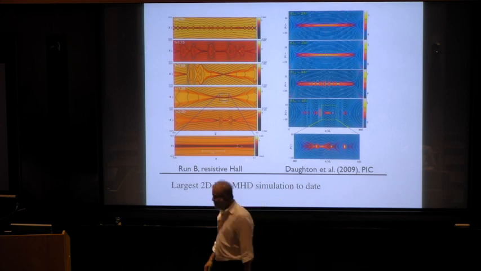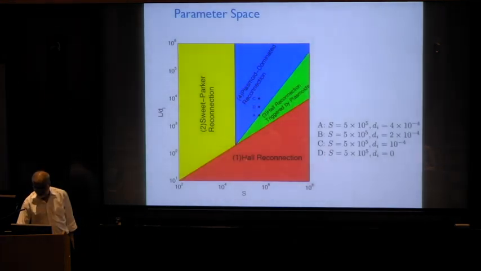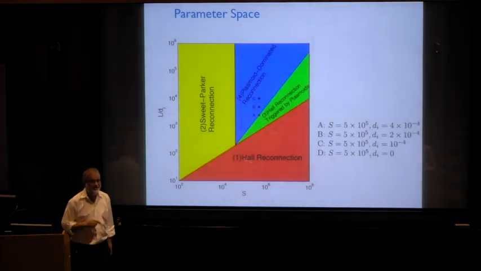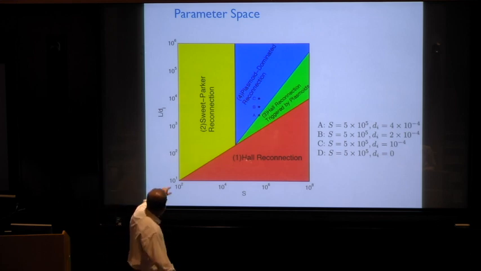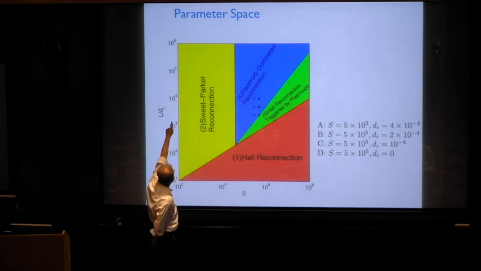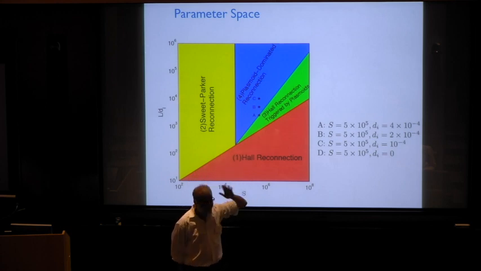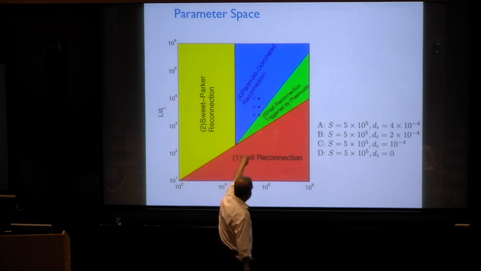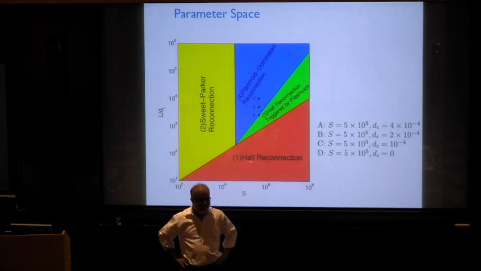That explains why I didn't dwell much on these blue and green regions. There's a lot of action going on there, and you get to those regions only by designing experiments in the lab with L over di between 1,000 and 10 to the power 4, which is what MRX and FLARE are about. But in astrophysics, of course, that's where you live. L over di is very, very large there.